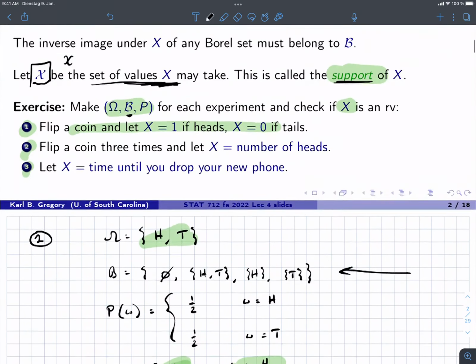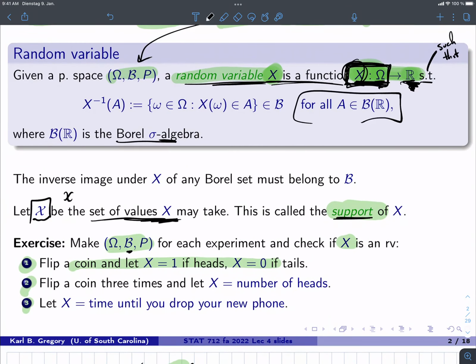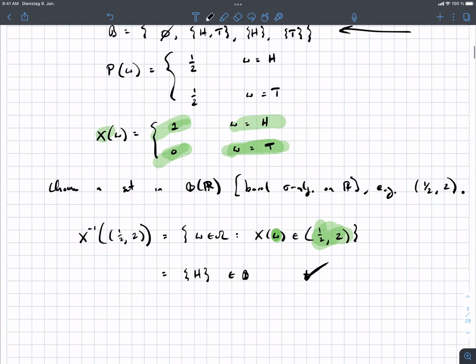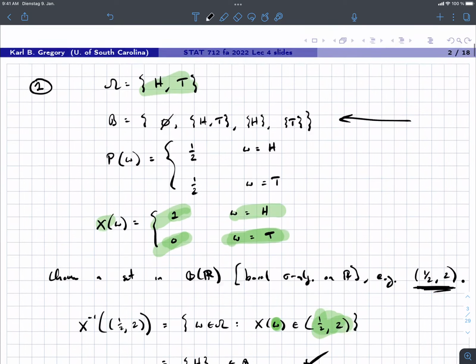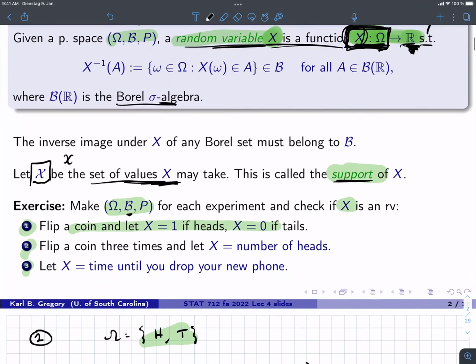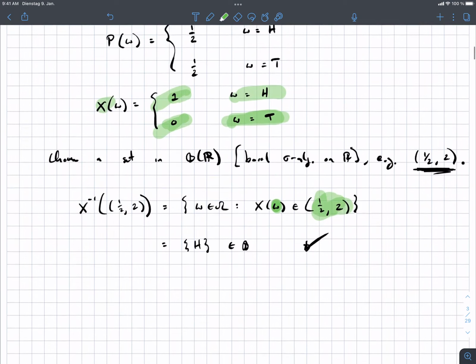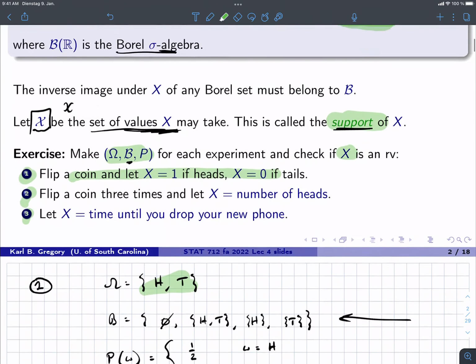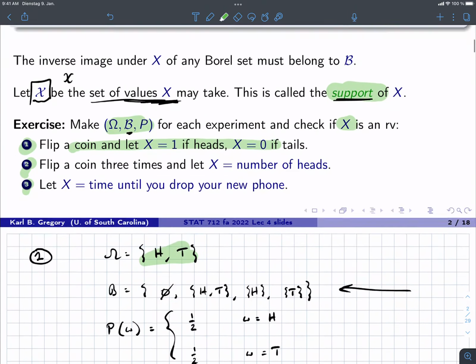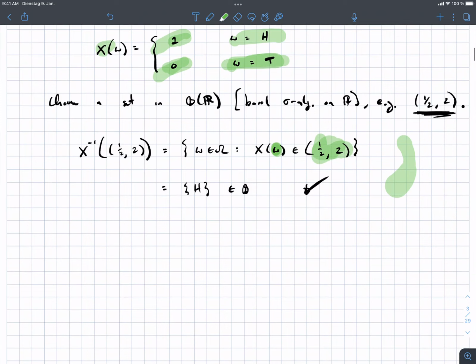So it satisfies this condition, at least for that one interval 1/2 to 2. Now it's not really reasonable to go through all Borel sets in the real numbers and check if that condition holds. This is just an example of how we interpret this pre-image of x.